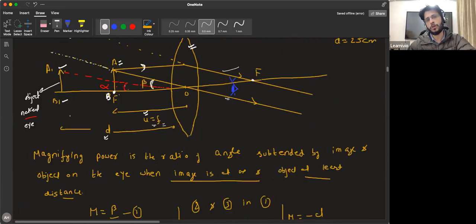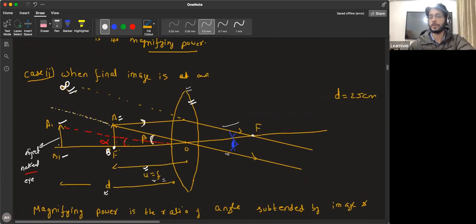So I'm also drawing this on the same axis. But that doesn't mean that this A1, B1 object is in the presence of lens. This A1, B1 is in the absence of lens. When you remove the lens, this is your A1, B1 at a distance d. But when you put your lens, then this is the object AB, and your final image is at infinity.